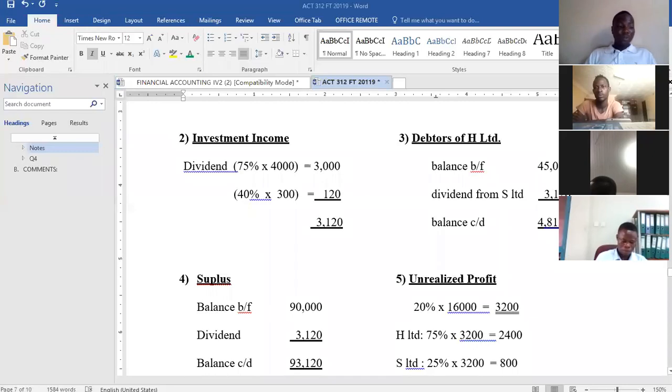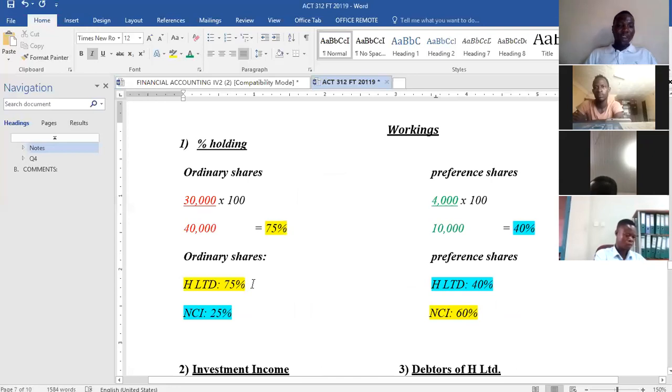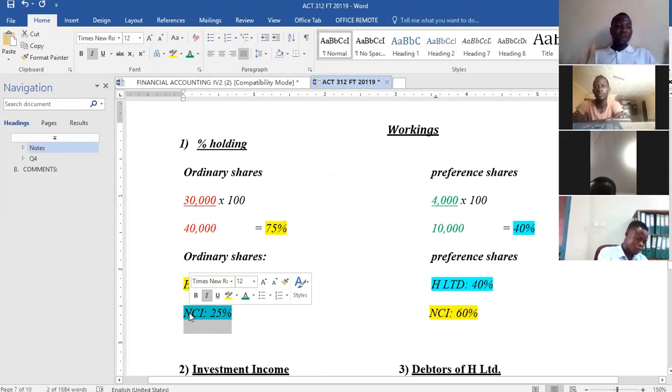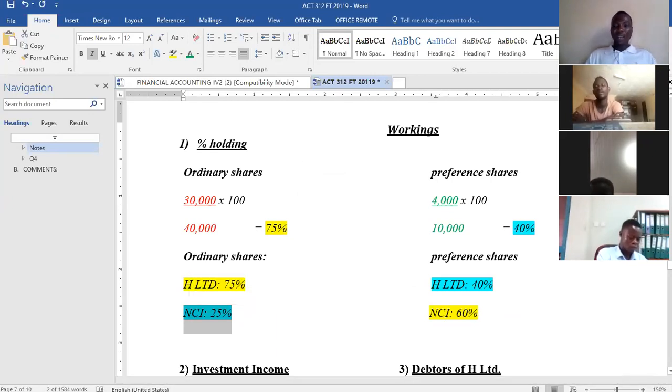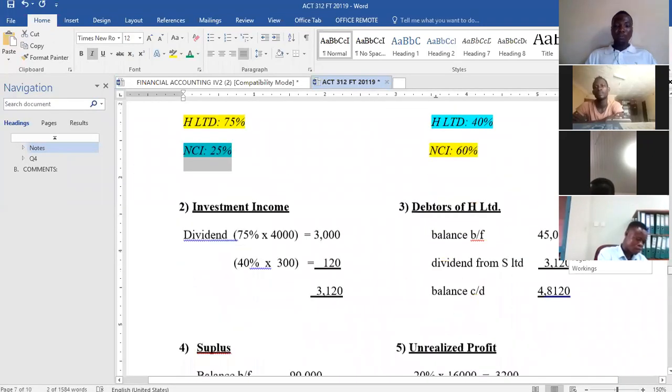So in this case, where the holding company holds only 75%, and minority is holding 25%, whatever unrealized profit you determine must be shared 25% and 75%.